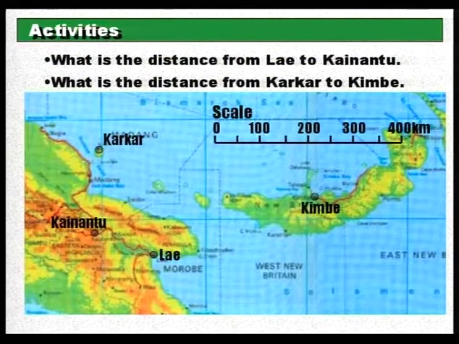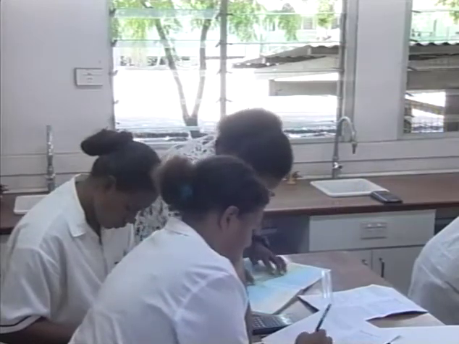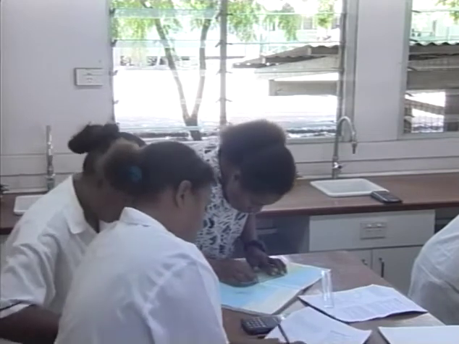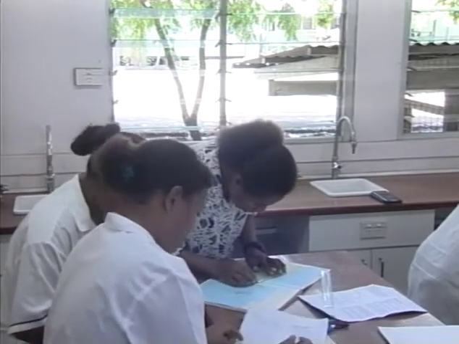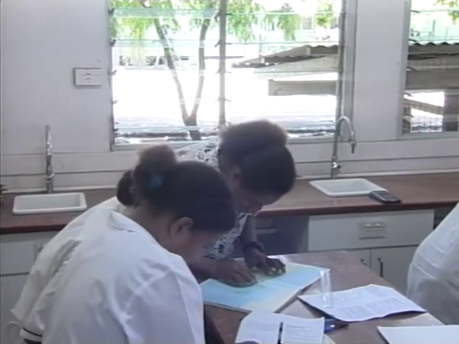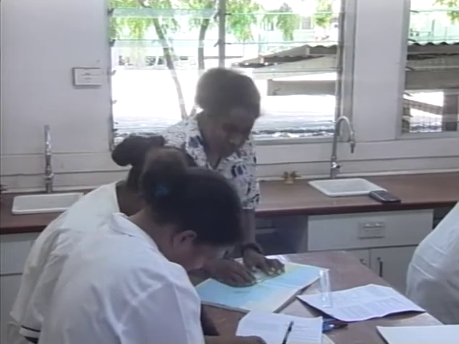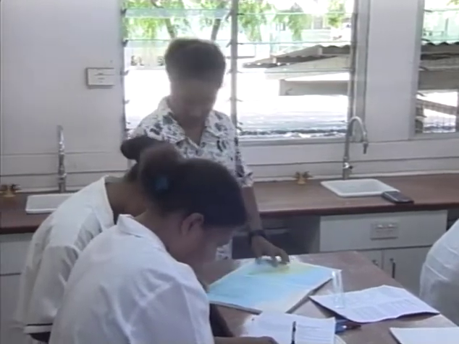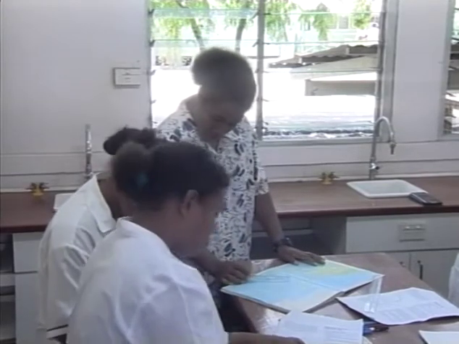Okay, you got 2.7 there? Okay, Karkar to Kimbe. Karkar to Kimbe will be right in the center of the island. 9.2. Get 9.2. Okay, what were the other two? Lae to Kavieng to Daru.